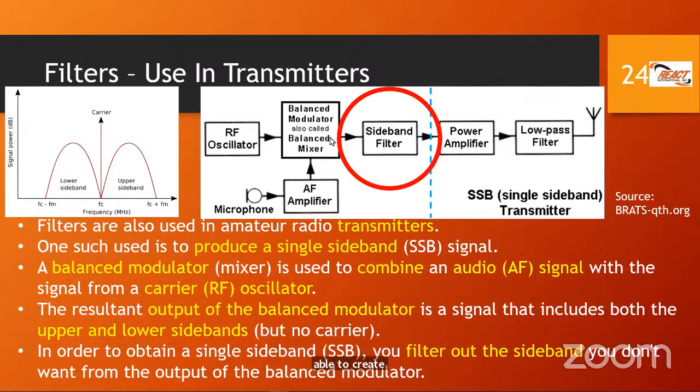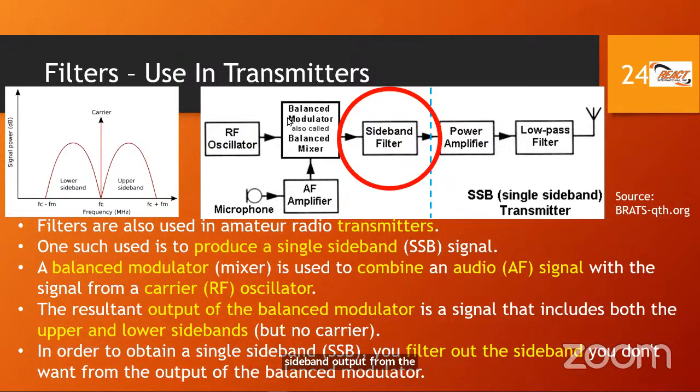We filter from this stage to get the single sideband, and of course then it goes to the next stage, the amplifier, and then a low pass filter again. The sideband filter takes the output from the mixer, sometimes also called a balanced modulator, and that is what allows us to create this single sideband output from the stage of the transmitter.